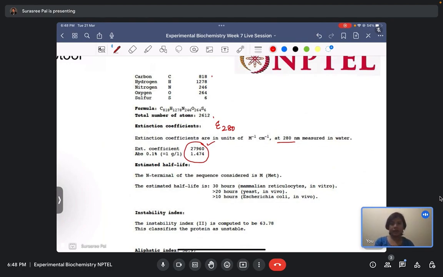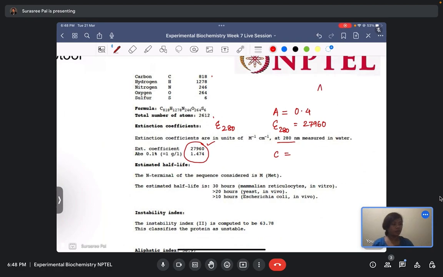So if we determine the absorbance value of this protein as 0.4, for example, how will I calculate the concentration of the protein? We have this epsilon 280 as 27960, and then how do we calculate the concentration?